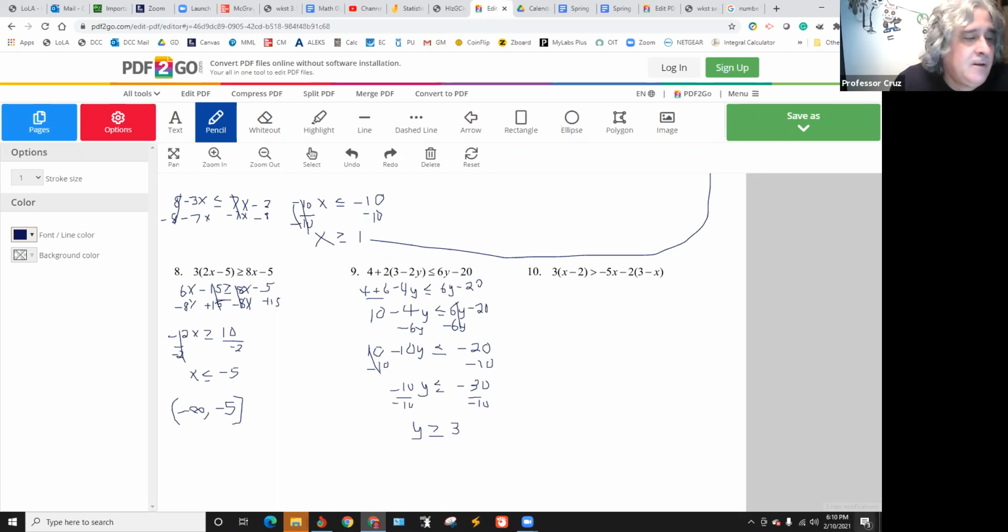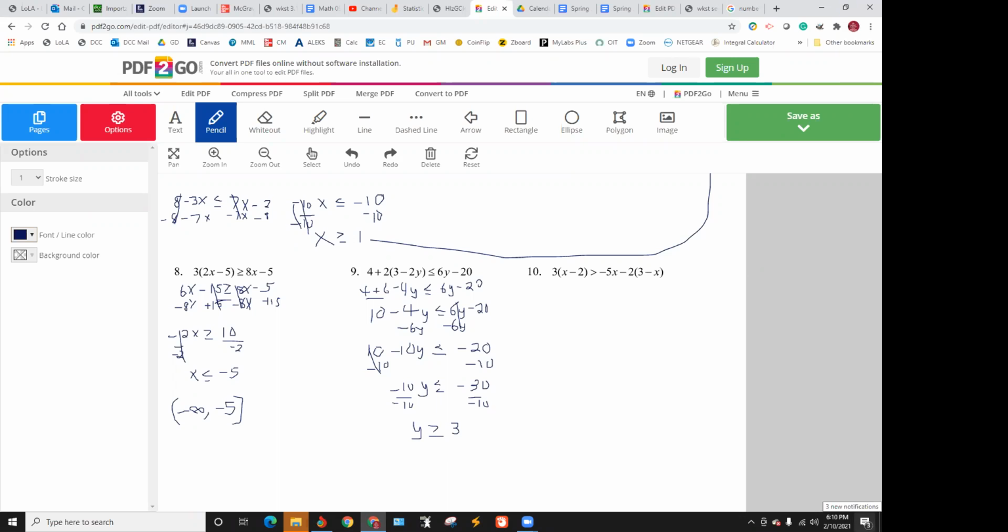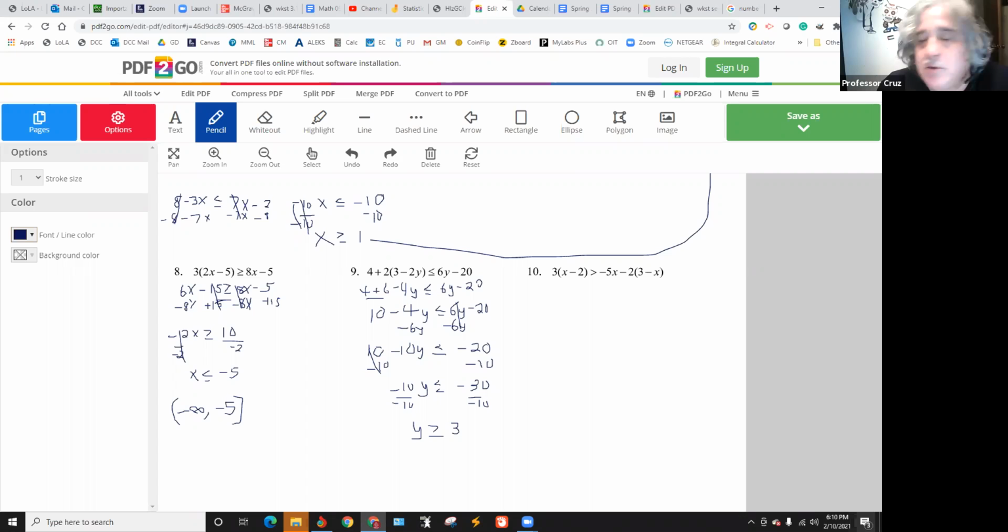Is that what you were saying? Yes. I wrote it backwards. Does it matter? Well, what do you mean backwards? How are you going to be able to graph it or do the interval notation?